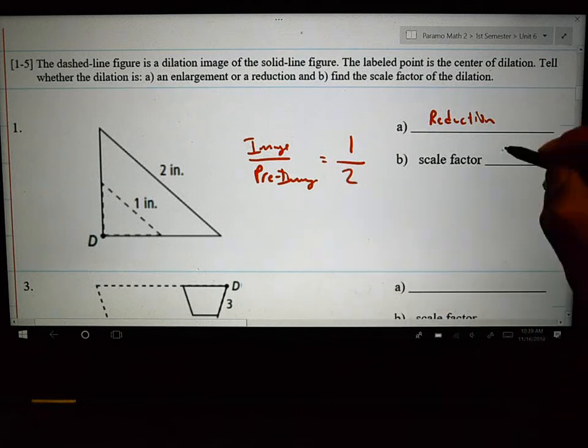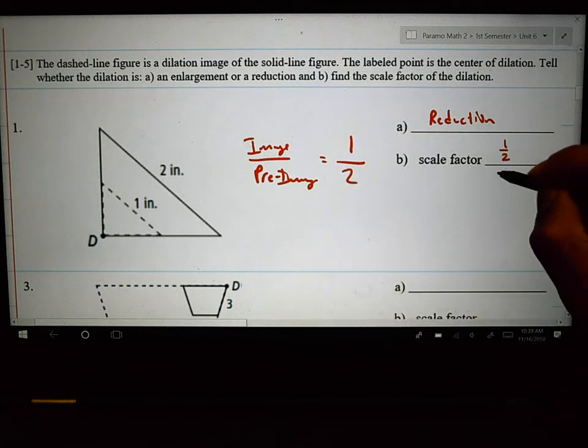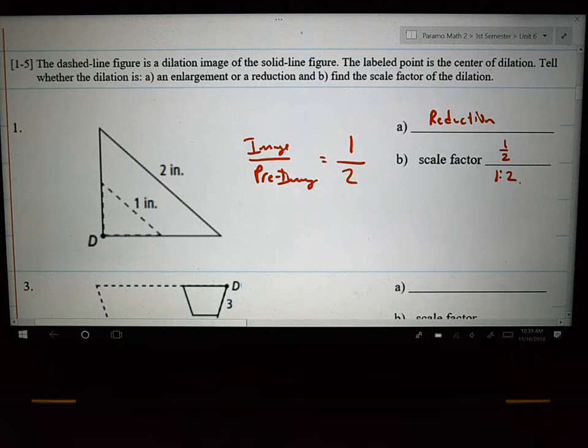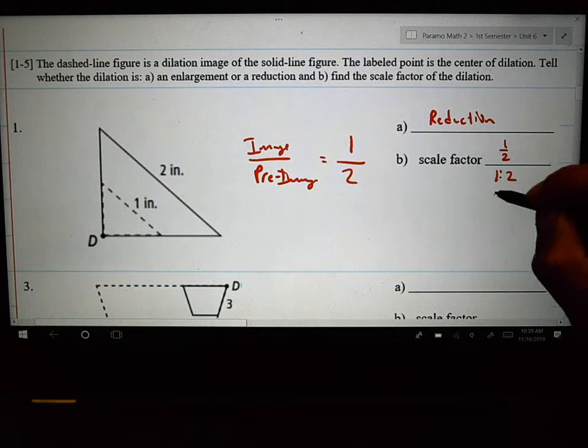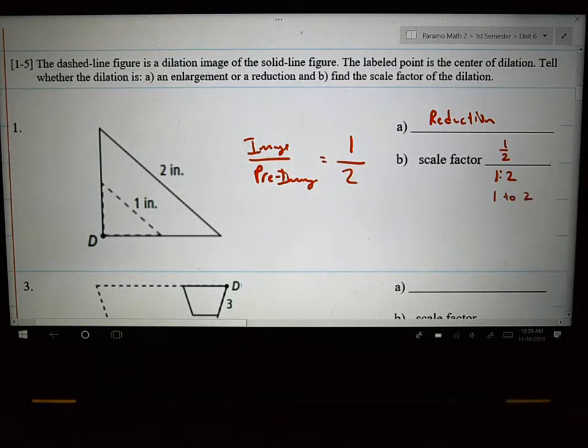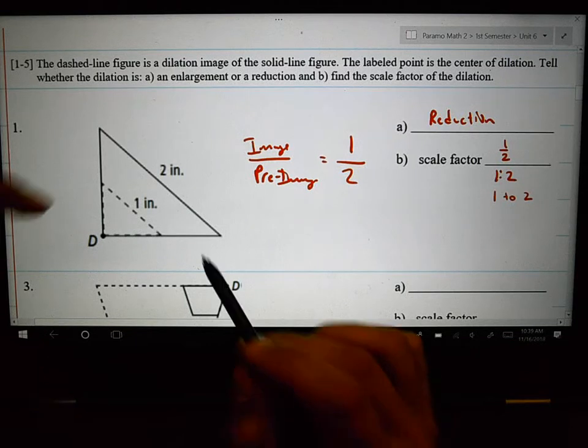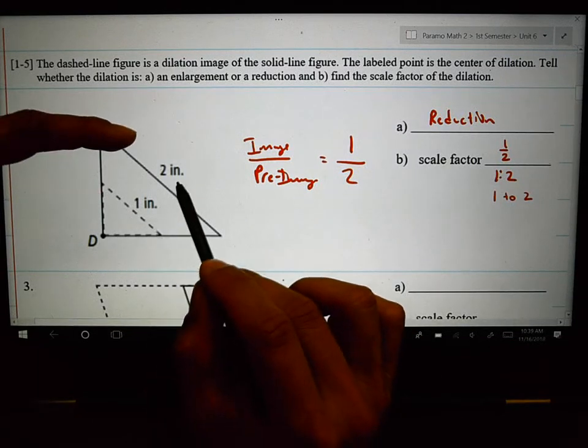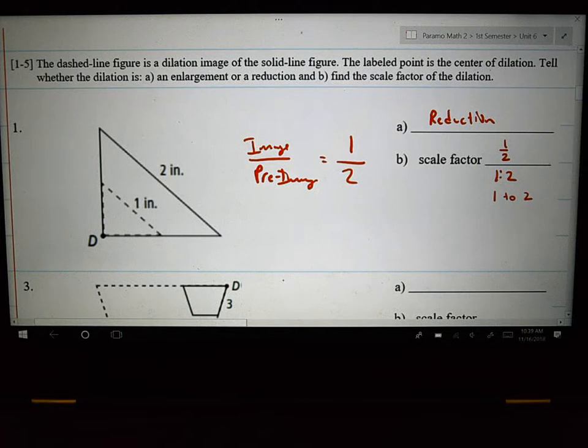And guess what the scale factor is? As a fraction, it's 1/2. As a colon, it's 1 to 2, or you can even write out 1 to 2. So that's why I usually write it as a fraction. What does that mean? That means that this image is 1/2 of the size of the original. I would accept any of these three answers.